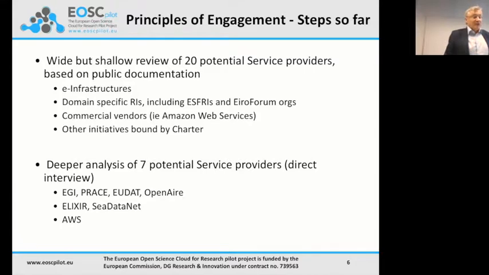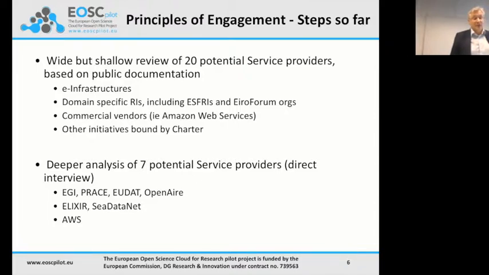Some of the steps that have been taken in the work so far: there has been a wide but shallow review of 20 potential service providers, selected just based on their public documentation. What do they say about themselves in public? These included a number of e-infrastructures, domain-specific research infrastructures, including a number of ESFRIs and Aeroforum organizations.